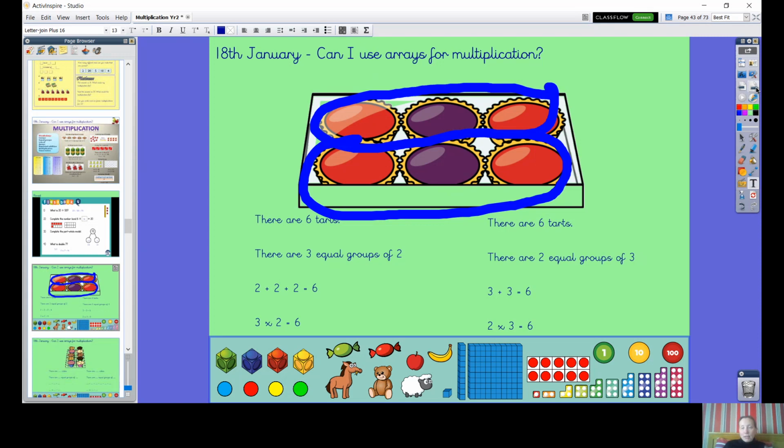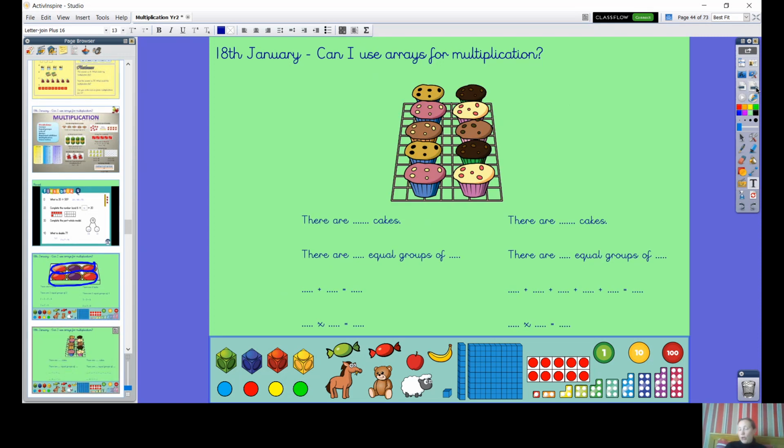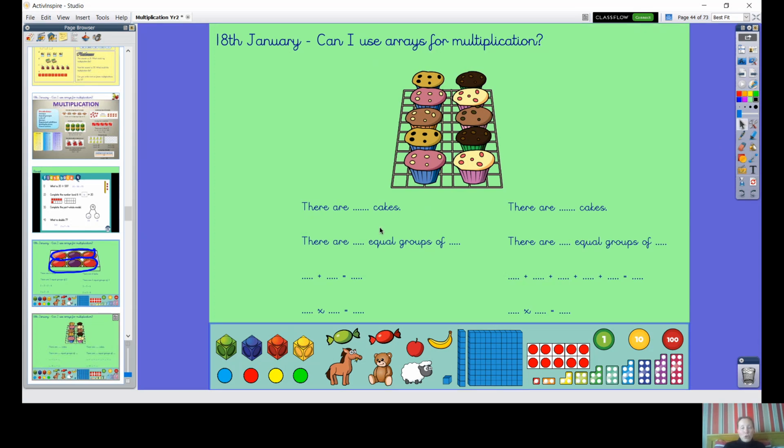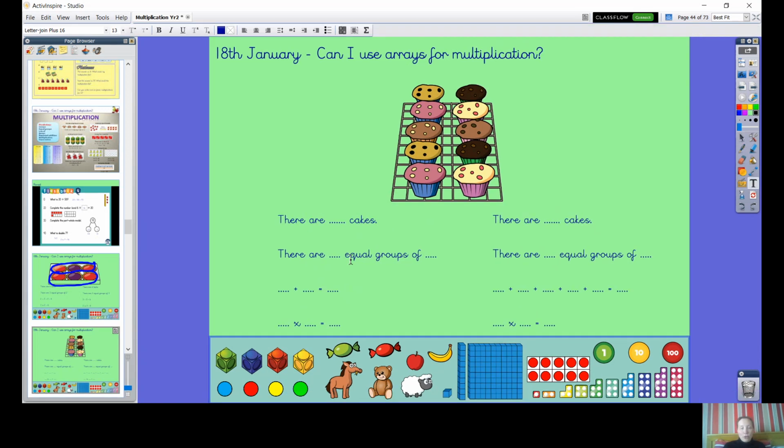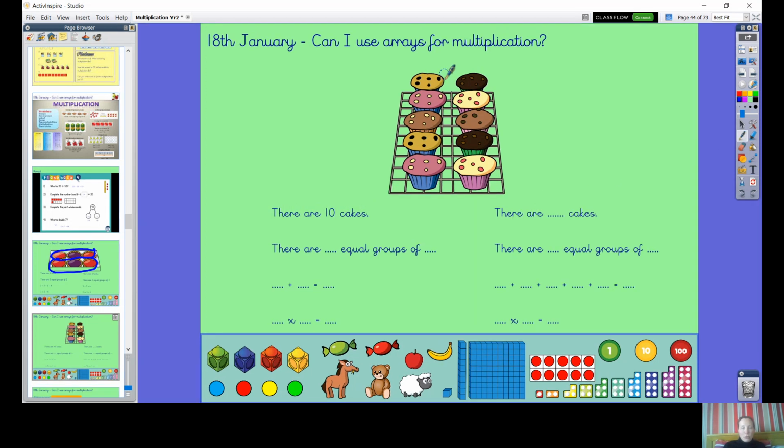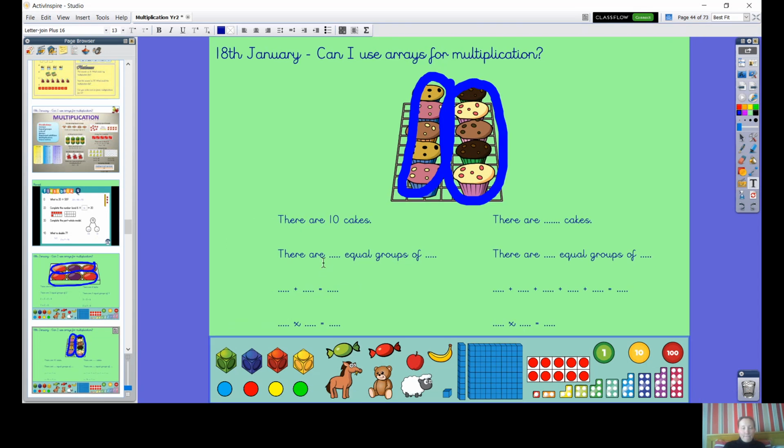Okay, so let's have a look then. Would you like to have a go at this one? Can you put them into groups in 2 different ways? Well done. So let's have a look. This time I'm going to just grab my pen and I can do 2 equal groups of 5.